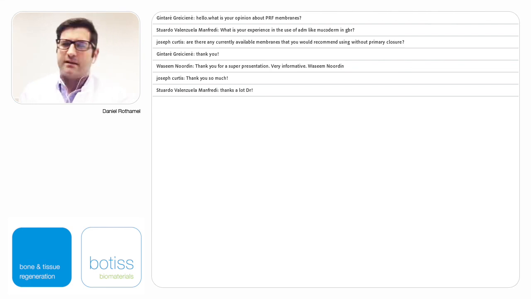If you consider mucoderm, it might work better, but if you want to achieve a more predictable result, then maybe we have to go back to the non-absorbable membranes, like the PermaMem membrane that is serving as a real barrier and allowing for nice tissue healing underneath without the risk of contamination of the grafted site.